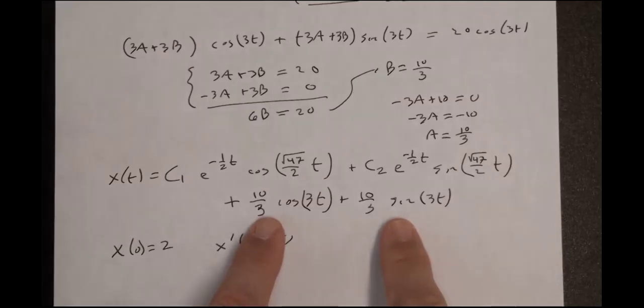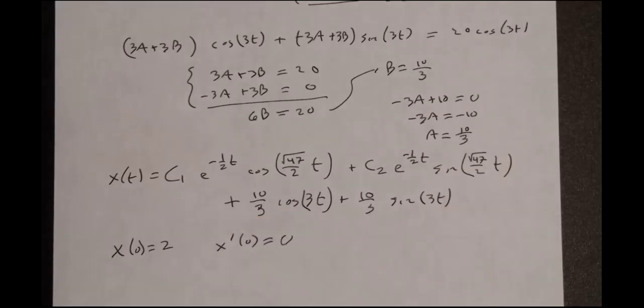But what about this part? It stays, doesn't it? And that frequency matches the frequency of the driving force. In the long run, the internal vibration is overridden by the external vibration.